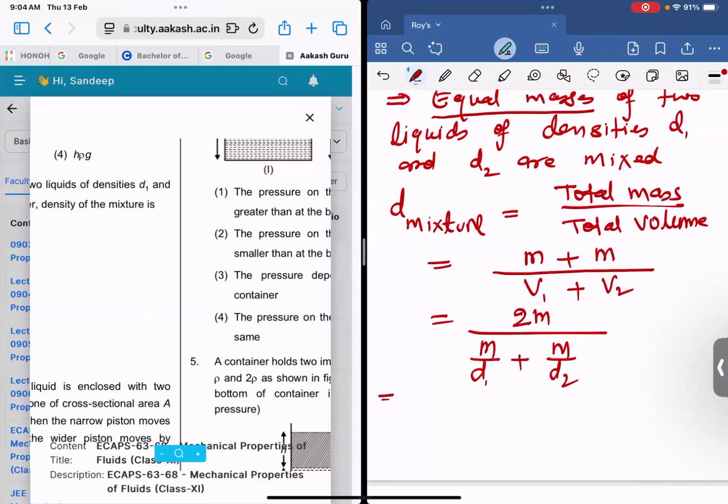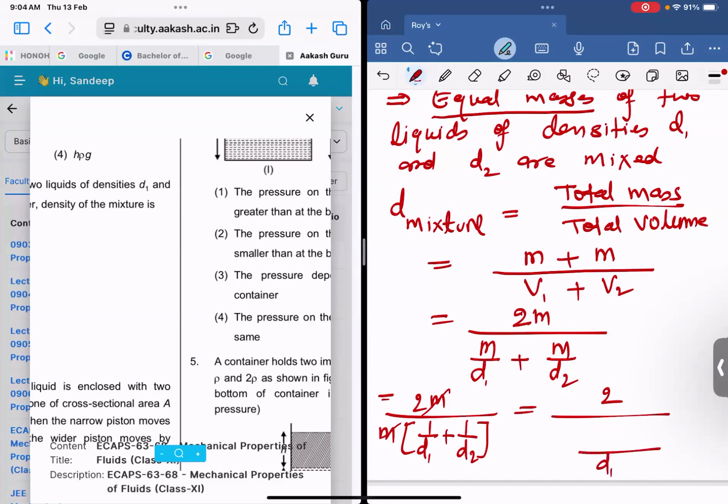So here this is 2m. Here m I can take common. It becomes 1 by d1 plus 1 by d2. M cancels. Then 2 divided by that, and you can take the reciprocal: d1 d2, and then it will be d2 plus d1.